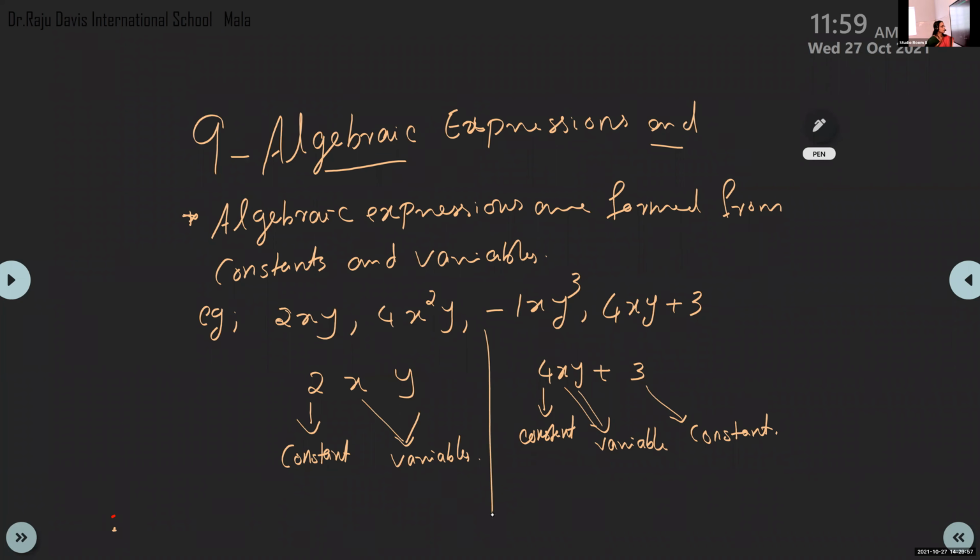And in the second expression, 4 and 3 are constants. x and y are again variables.